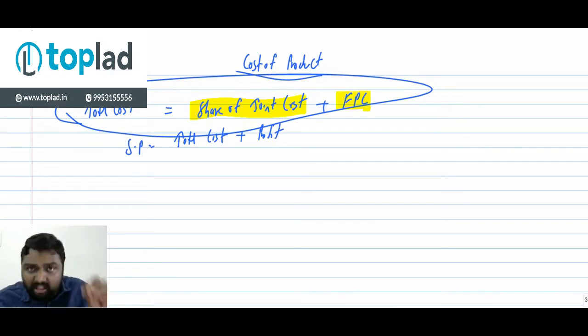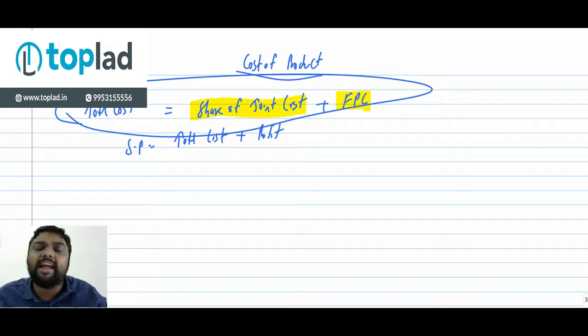After the split off, if the product does not come into saleable condition, we have to add some other expenses, and only then can the product be a saleable item.